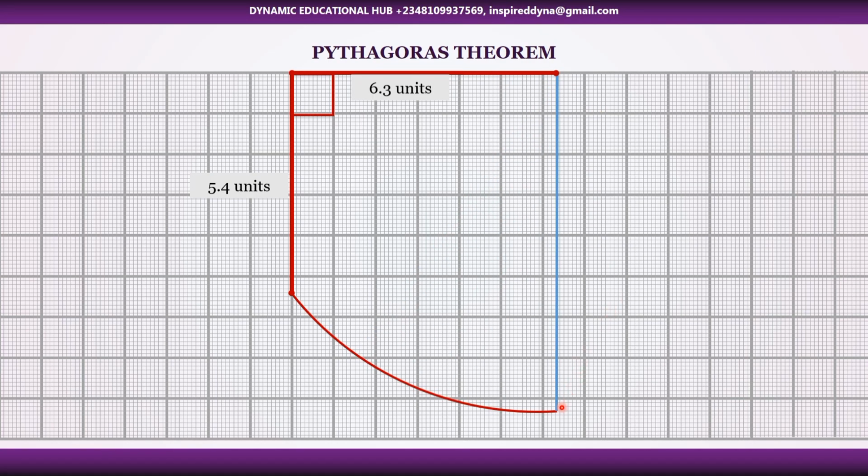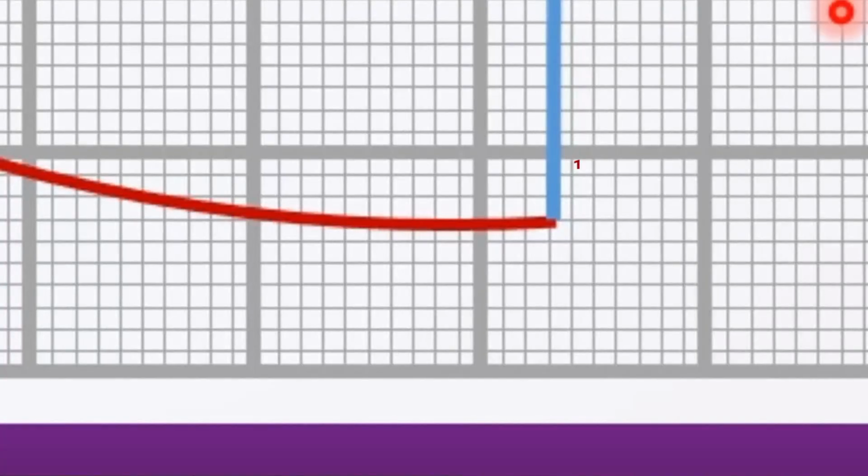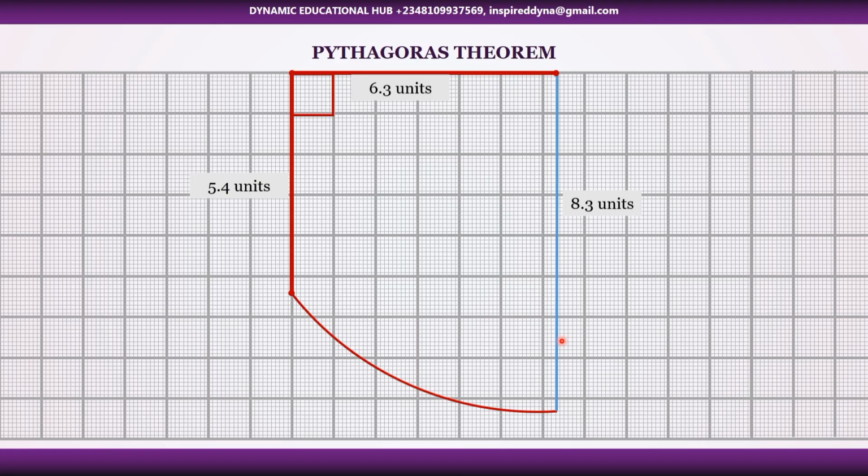So we need to measure this length to find the third side. Now measuring it, we have 1, 2, 3, 4, 5, 6, 7, 8. The subdivision, we have 0.1, 0.2, and 0.3. We have 8.3 units here.